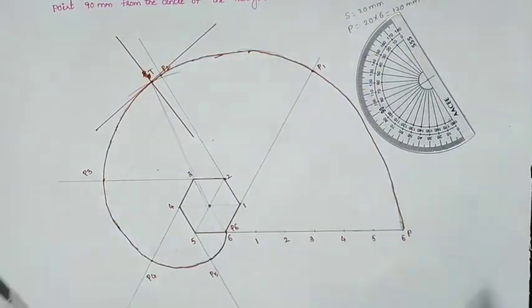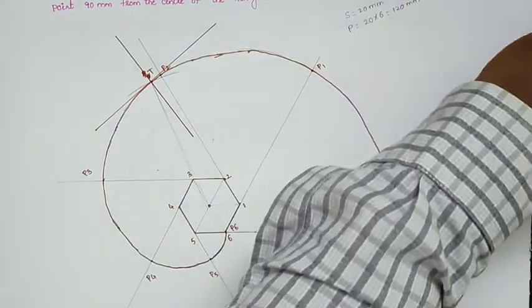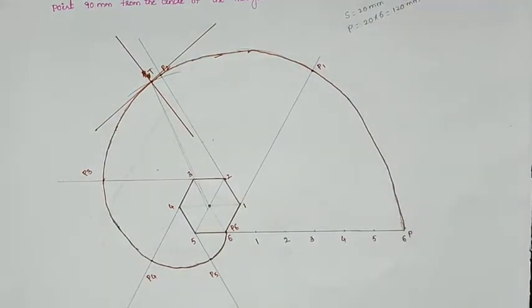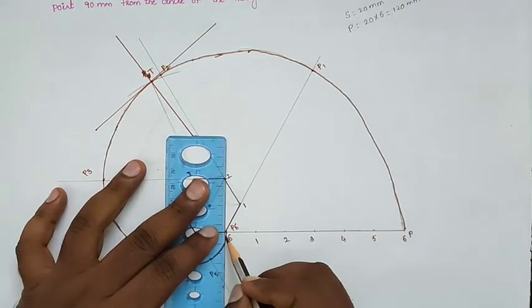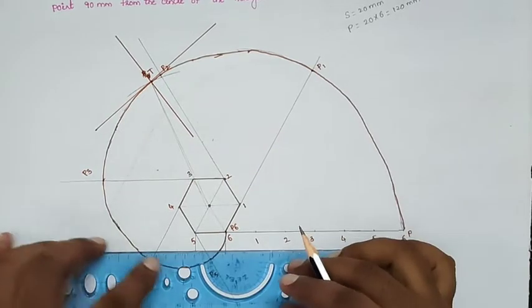So this is our required problem for constructing an involute of a hexagon. After that we will draw the dimensioning also. Give the dimensioning.